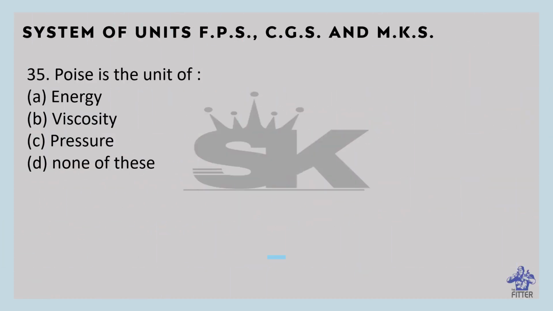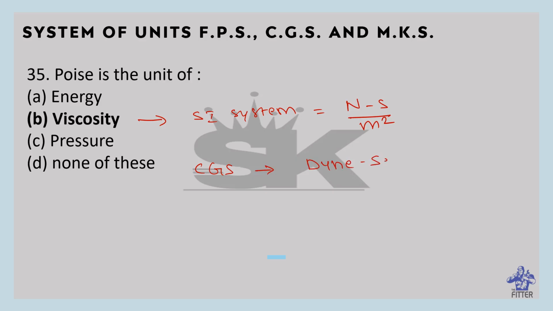Poise is the unit of viscosity. Okay. So viscosity units in the SI system are Newton second per meter square. In the CGS system, dyne second per centimeter square.